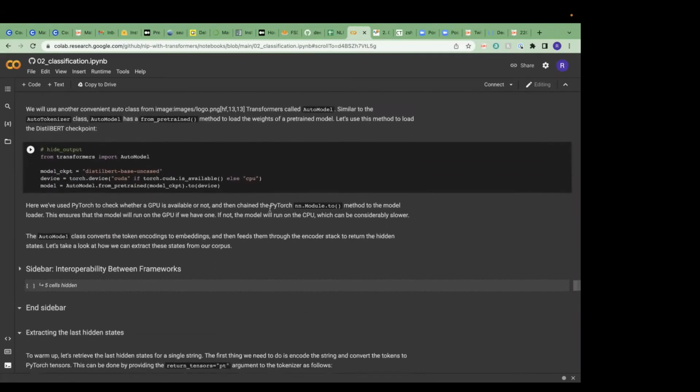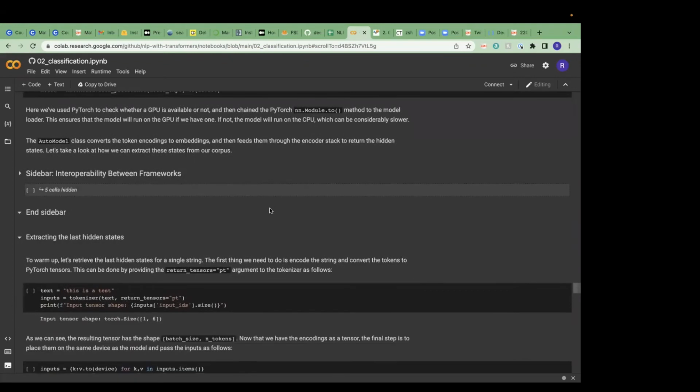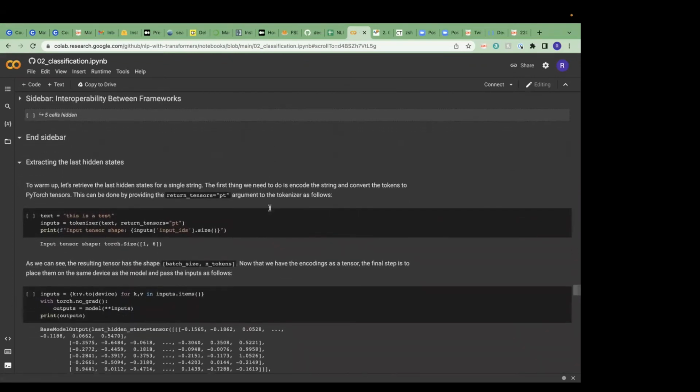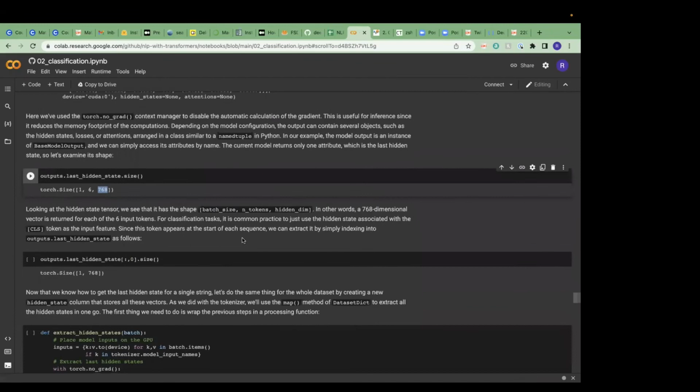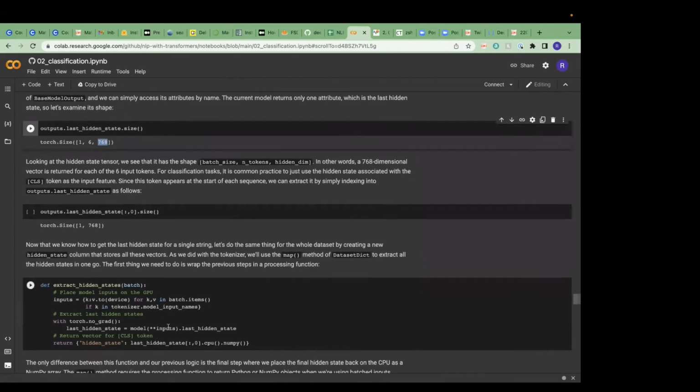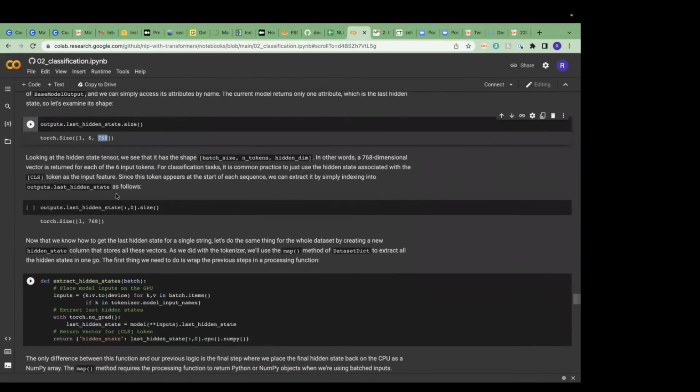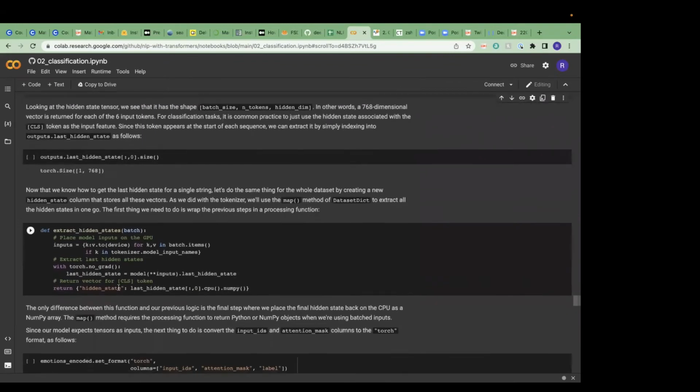I believe the classification head is logistic regression, so think of that as a one layer fully connected network. It extracts the hidden state and takes the first column.